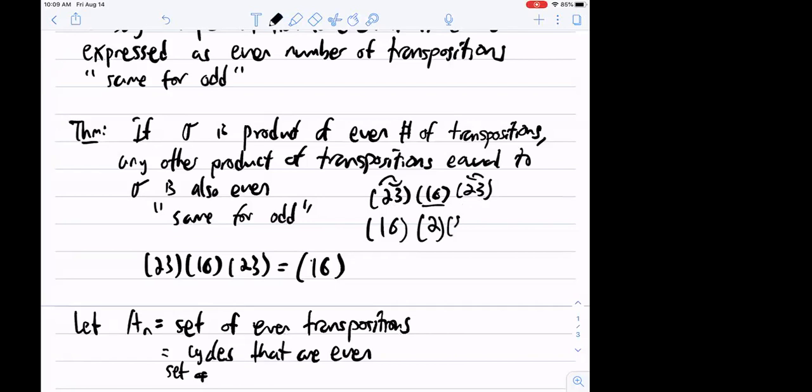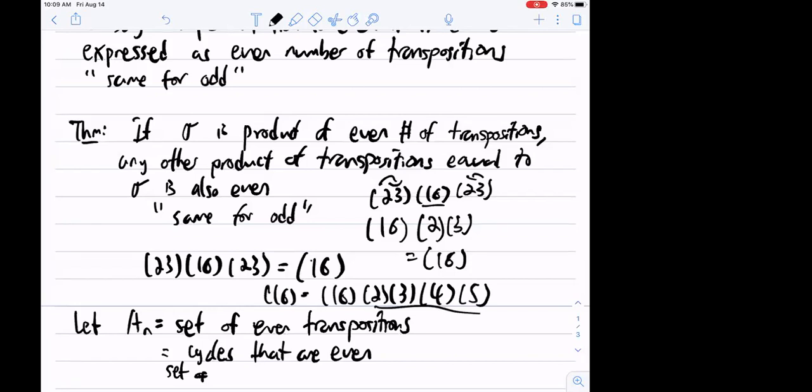So this is (1 6). When something is fixed, we just don't write it. All the other numbers are fixed. Oh, I see, it's just redundant to write this. Okay, thank you.